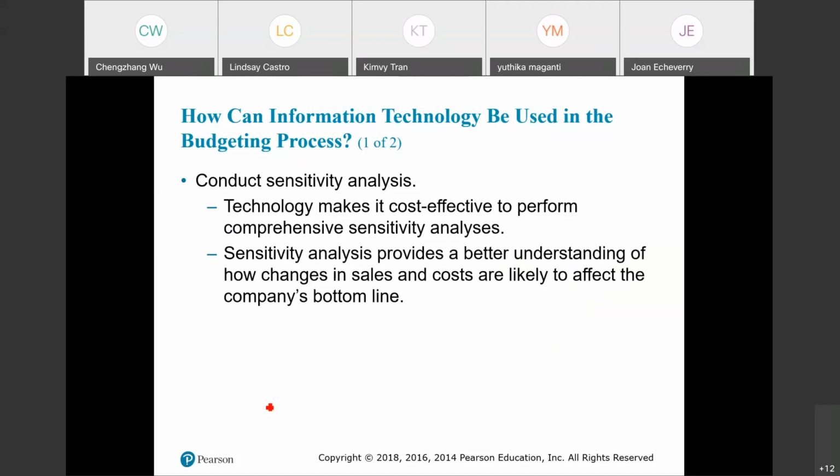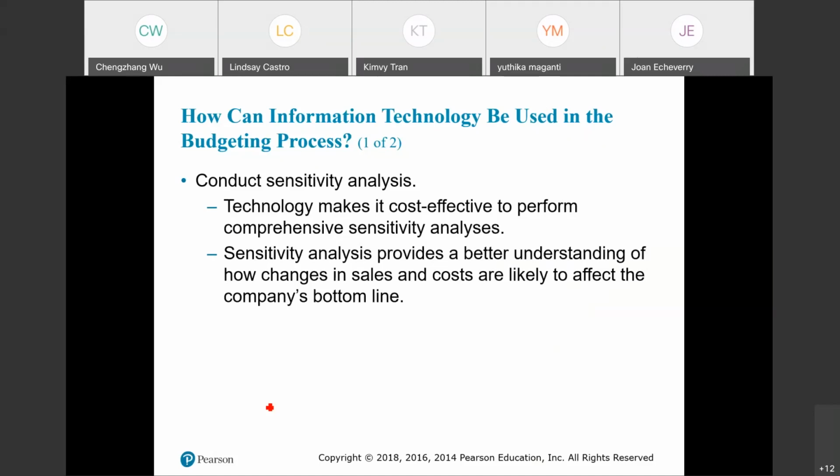Actual results often differ from plans. Management, therefore, wants to know how budgeted income and cash flow would change if key assumptions turn out to be incorrect.